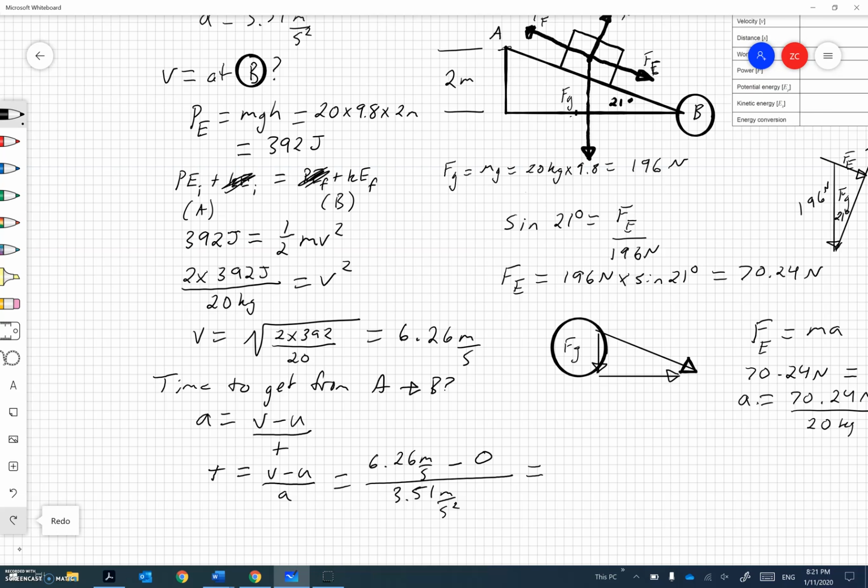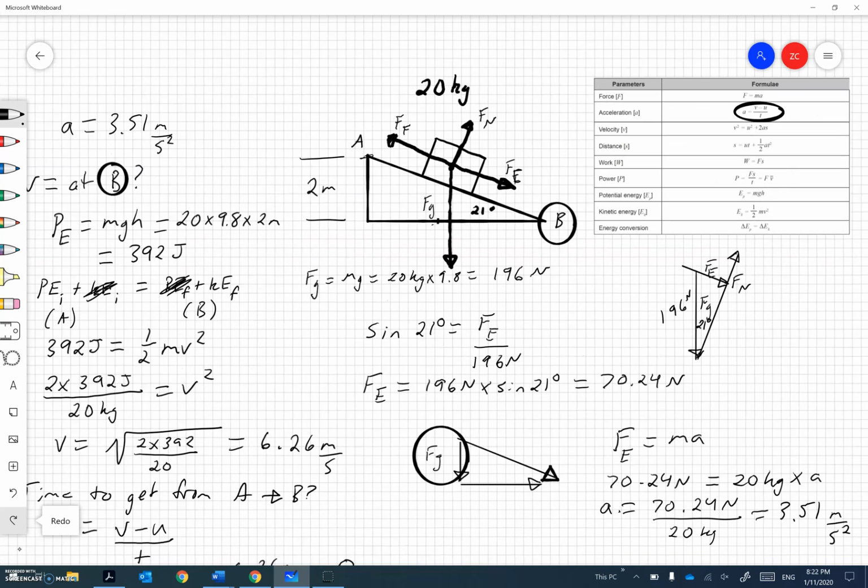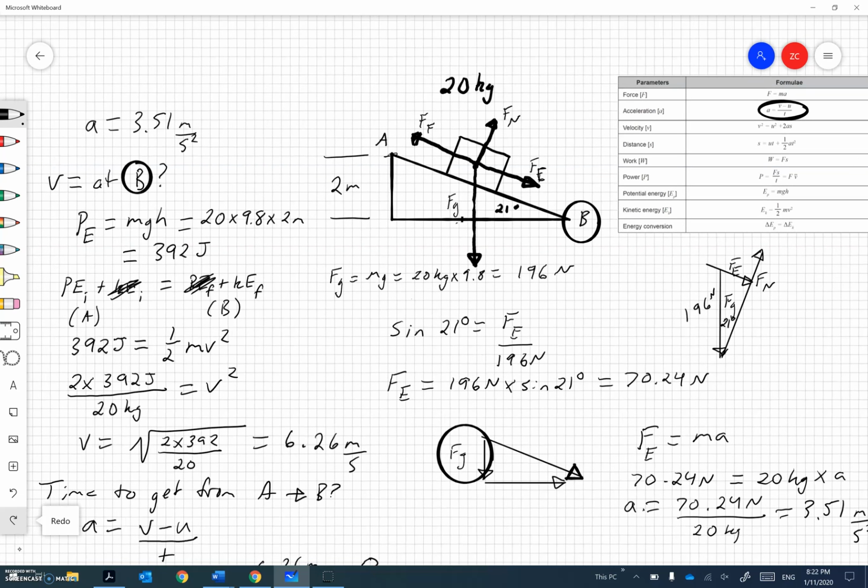So if we divide that, it takes 1.78 seconds to reach the bottom. So that's just a couple of ways to think about these types of problems.